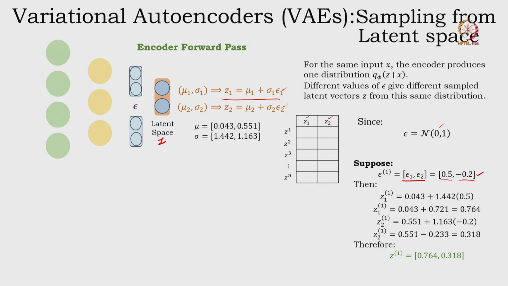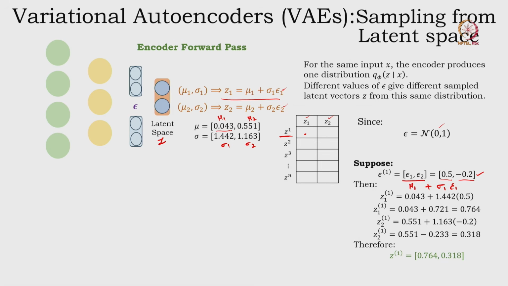What is this? The first sample, I am talking about this, and in that we are calculating the first value. So here this is mu 1, mu 2, and this is sigma 1, sigma 2. So you will take this value, the formula is mean plus this, right?